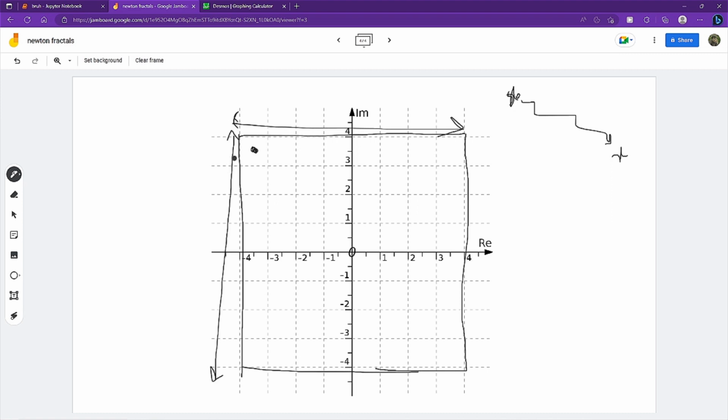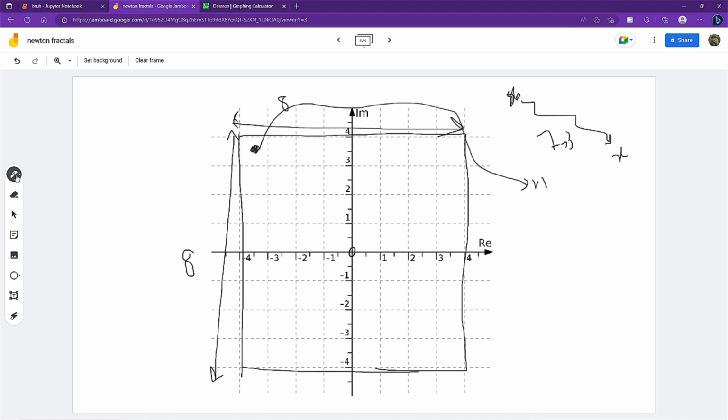So if you have 8 boxes here and 8 boxes here, you'll end up with 64 boxes. And that's really what we're going for here. Out of these 64 points, if I choose this point and I run Newton's method on it, it'll converge to some root. Let's say a function has 3 roots.